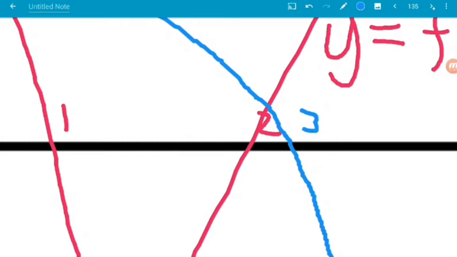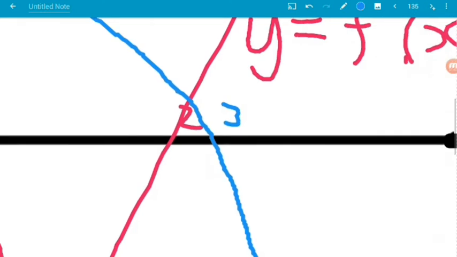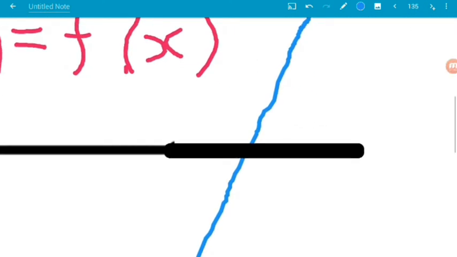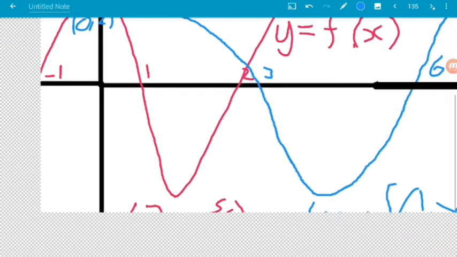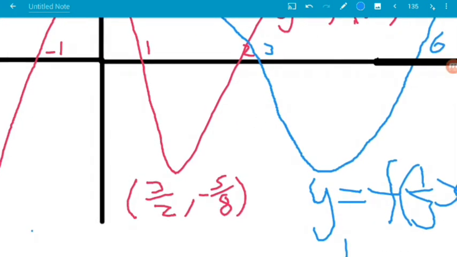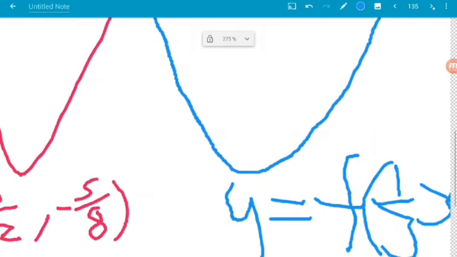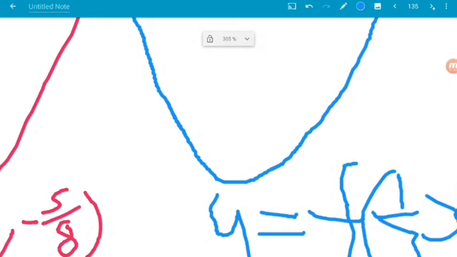The second x-intercept that was at 2 is now going to be 2 times 3, which is 6. And then the minimum down here, well, the x-coordinate was 3/2, so it's now going to be 9/2, and the y value is still -5/8.